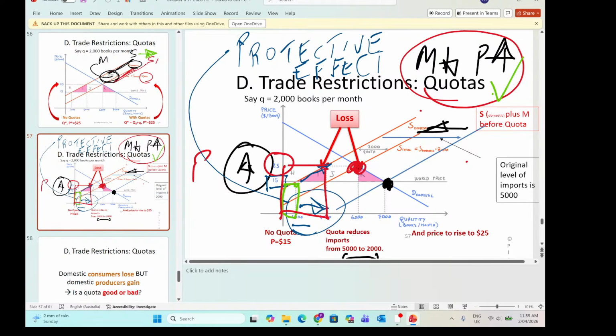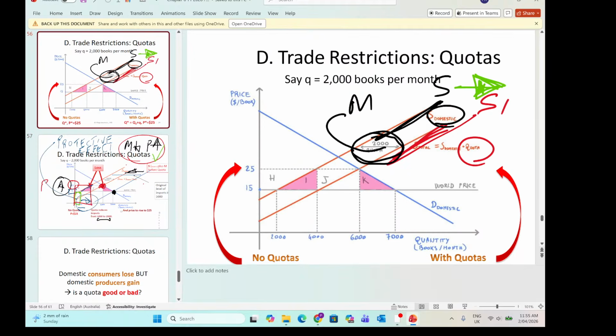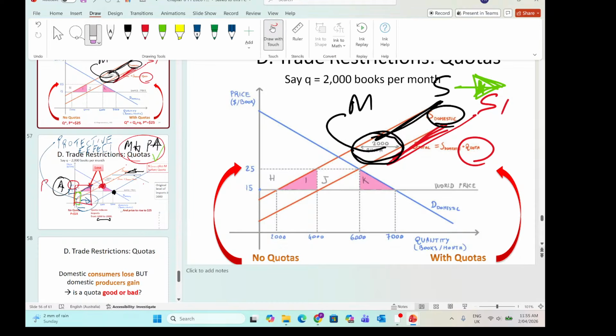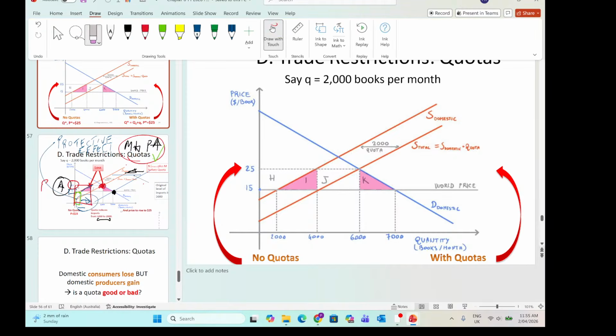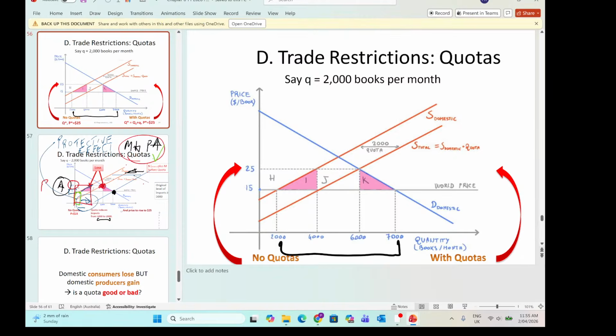And we'll go up to the slide, we'll just clean this slide up a bit, and think about what the level of imports was to start with. In free trade, what was the level of imports? The level of imports was 5,000.